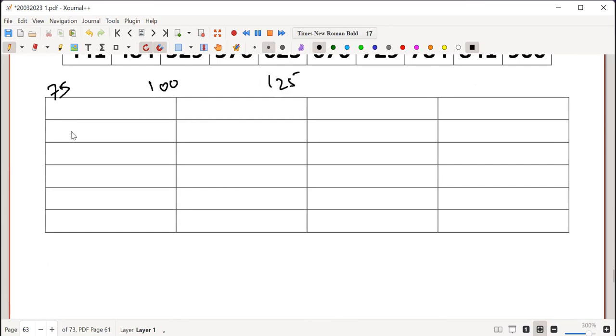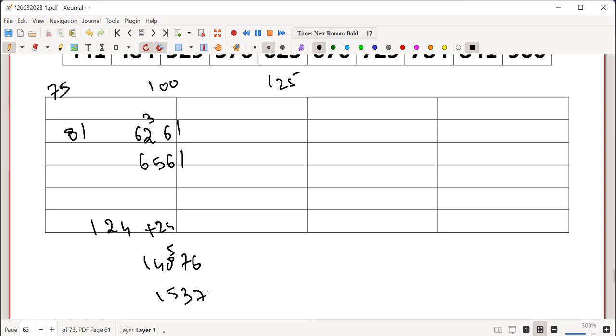If I'm asking for 81, 19 less than 100, 81 minus 19, 62. 19 square is 361. So 6561. If I'm asking for 124, 124 plus 24, 148. 24 square is 576. So 15376.